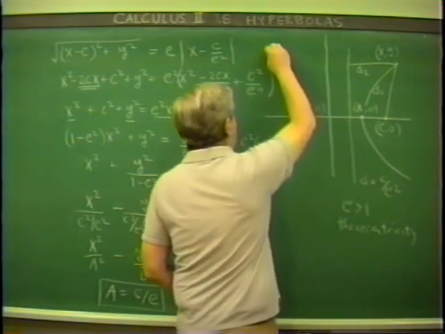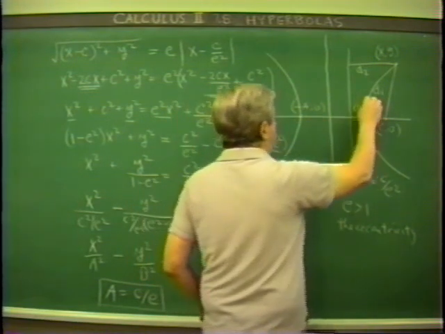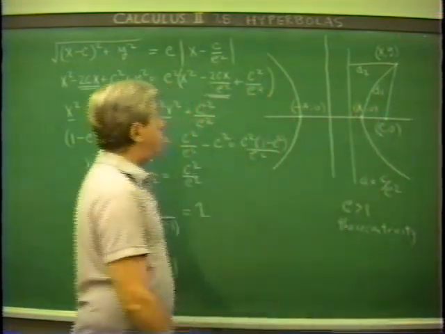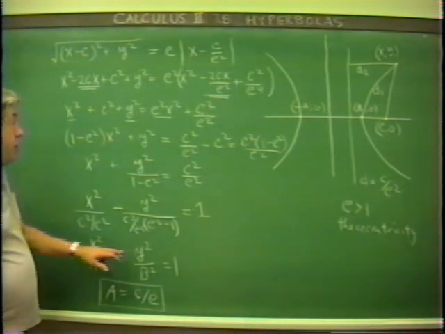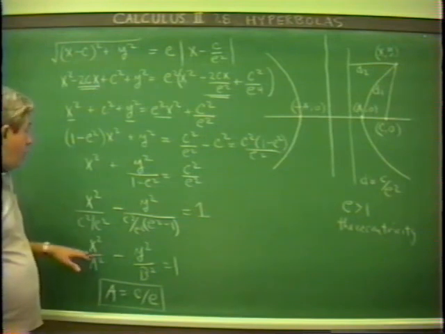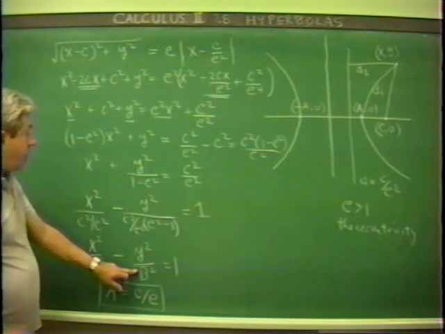The graph of this is going to look like this. It's clear that this thing is going to be symmetric about both the origin and the y-axis from this equation.